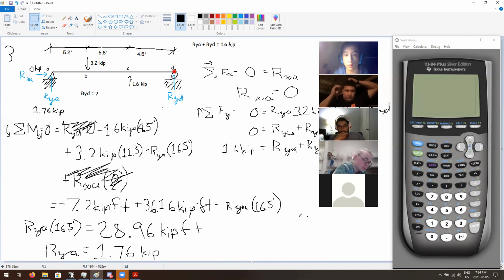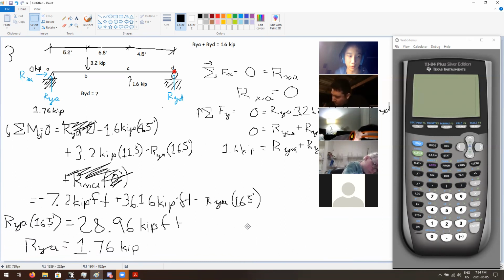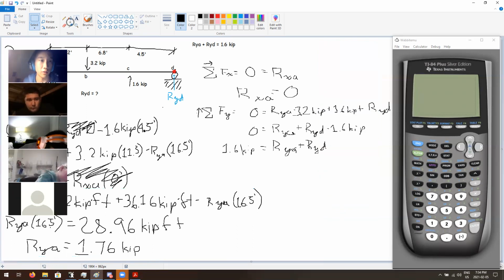Remember this equation that I told you to keep in your backlog? We're going to use it now because now we know R sub YA. I need more room. I'll just move this over here. And we're going to use this space right here. So now, we're going to use this formula.